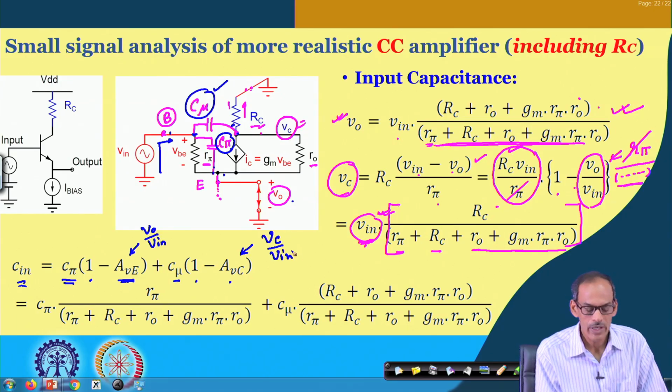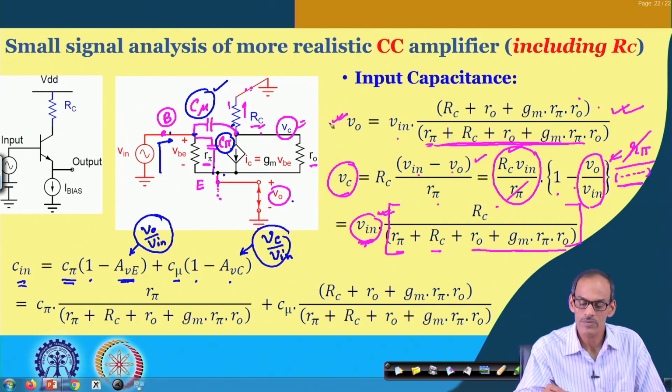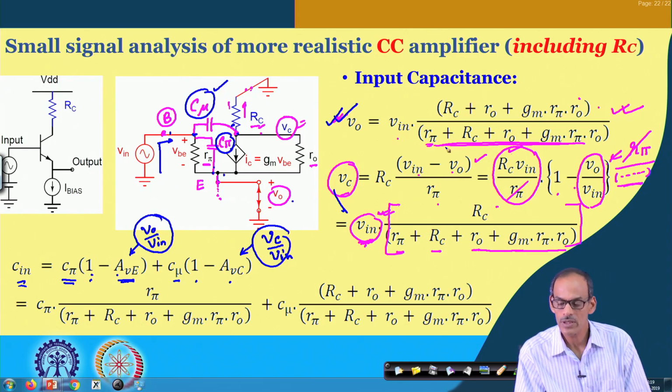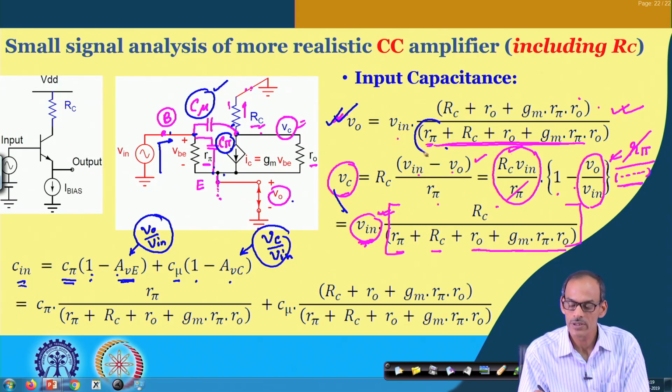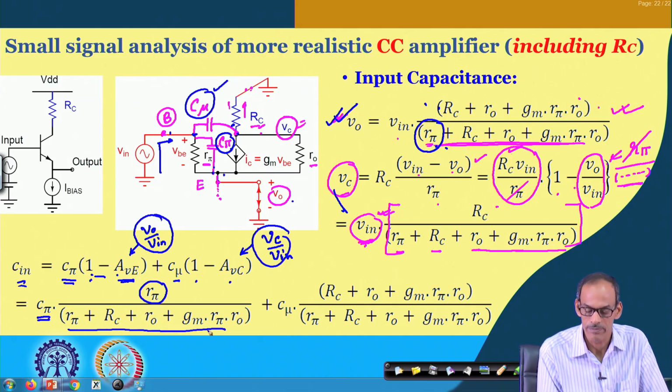And we already have the expressions of these two ratios, one from here, another from here. So if you plug in those expressions and subtract from 1, in the first part what we will be getting is the denominator, and if I compare denominator and numerator, we have only R pi as the difference. So in the first part what we get is C pi multiplied by R pi divided by the entire thing.